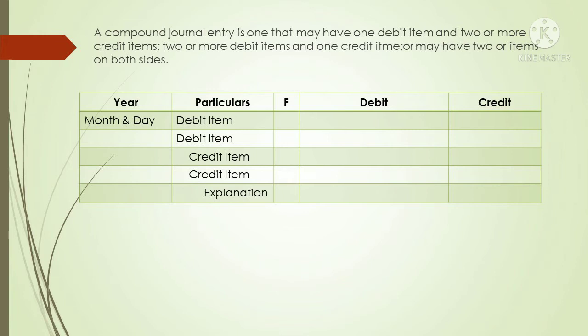So the only thing lang nga kanunay ninyo hinumduman, no, dapat balance kanunay ang inyong debit ug ang credit side. Okay? So makita ninyo no nga naa ang year, month, and day. Then particulars nga ay debit item. So siguro sa imong transaction nga ay duha ka dapat nimo i-debit item, then duha ka dapat i-credit item.